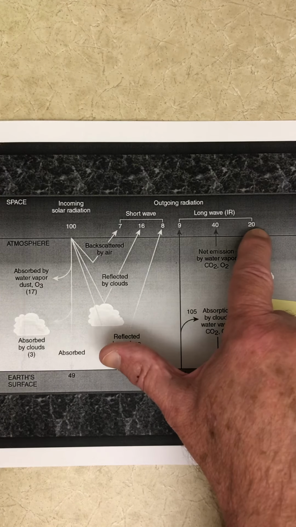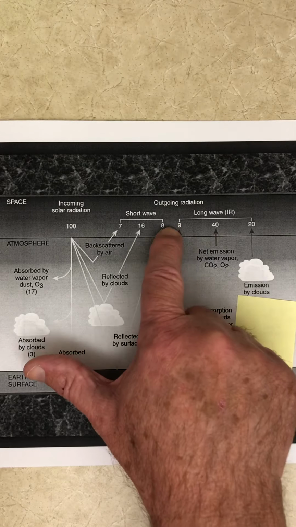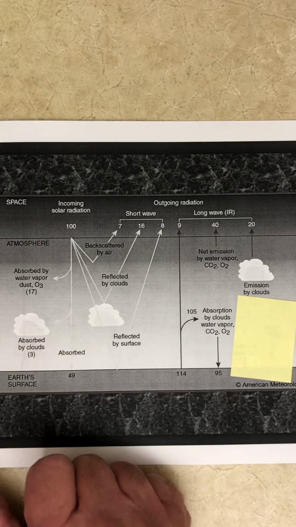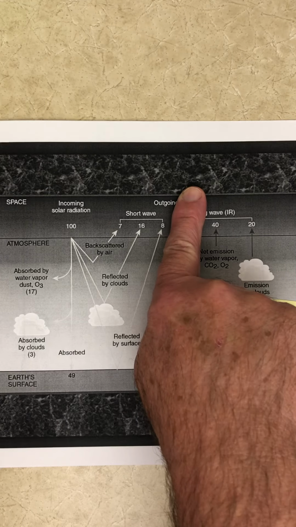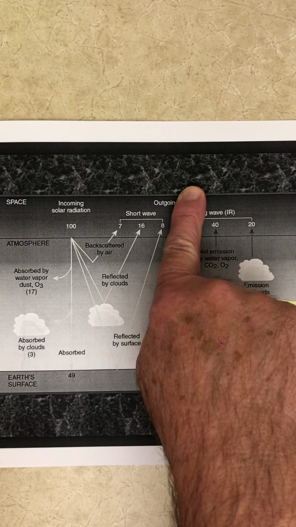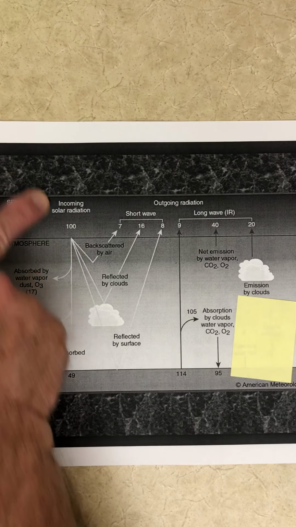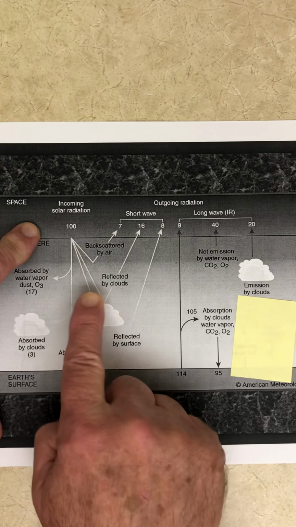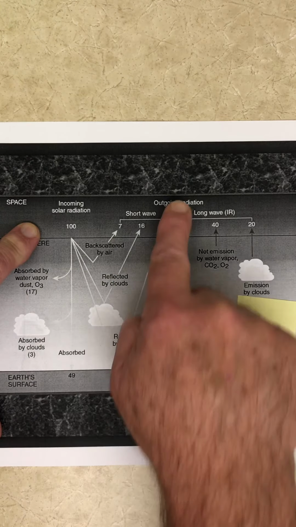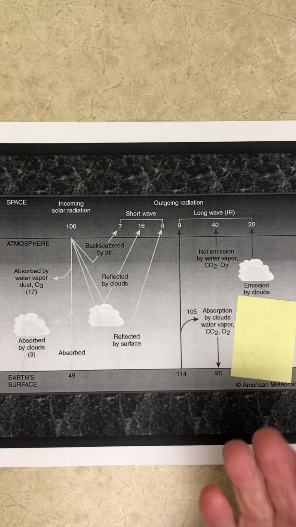So if we add up 20 plus 14 plus 9 plus 8 plus 16 plus 7, add that all up, it equals 100 units leaving the Earth atmosphere system going out to space, and 100 units of incoming solar radiation. Okay, so we got 100 units coming in, 100 units going out, so there's a balance.